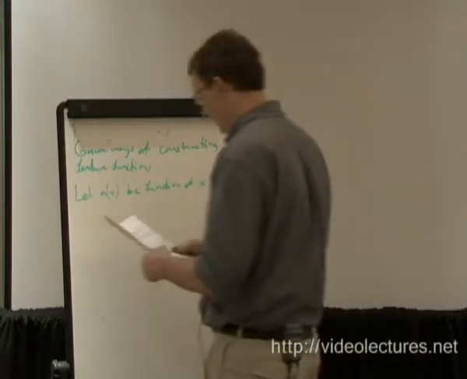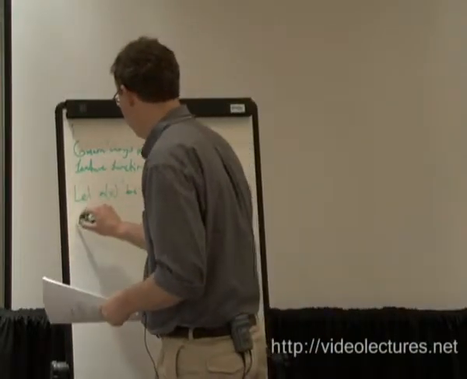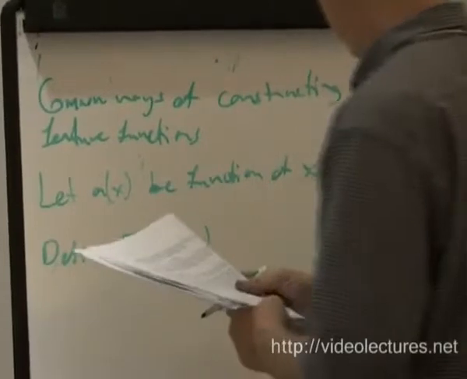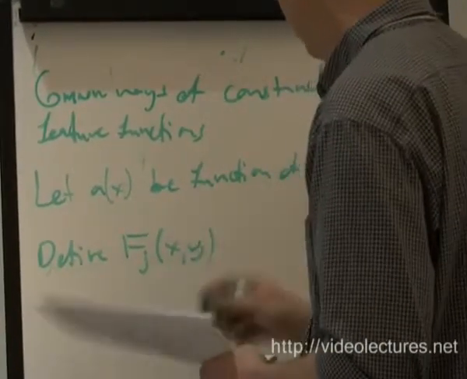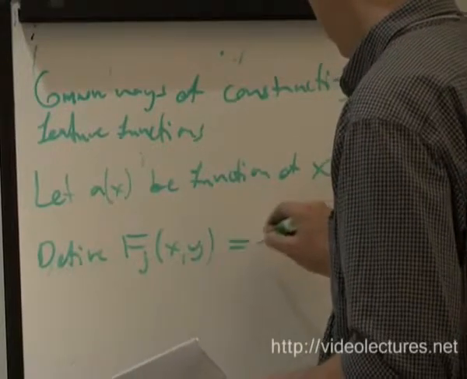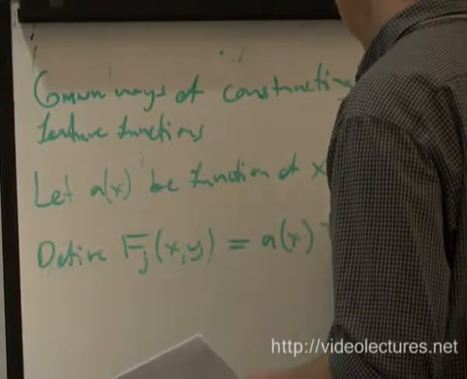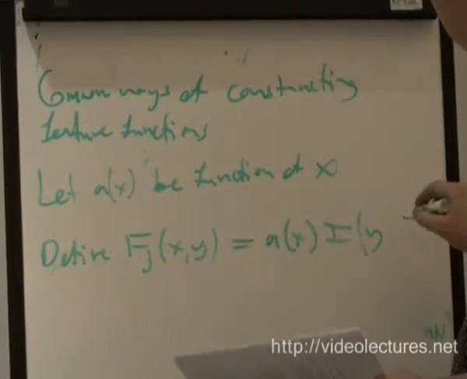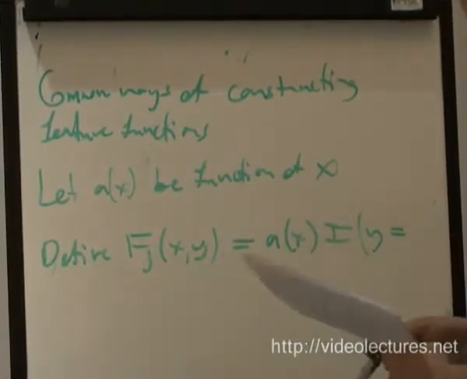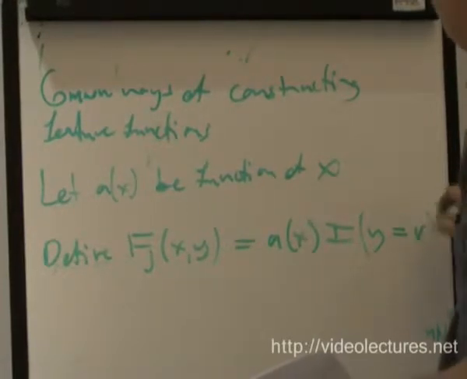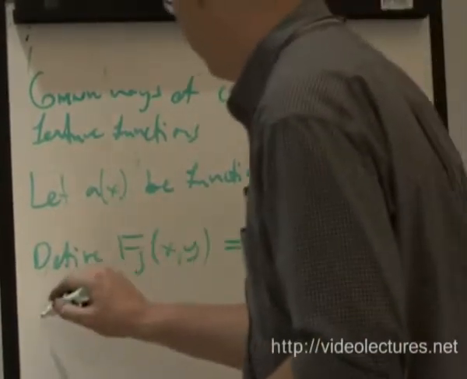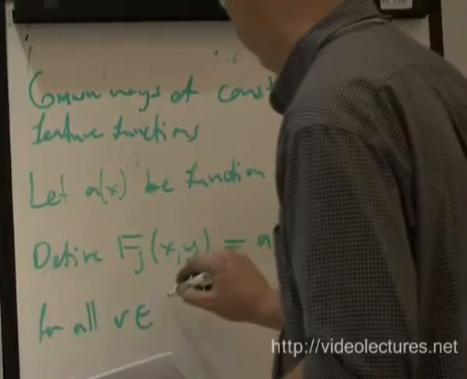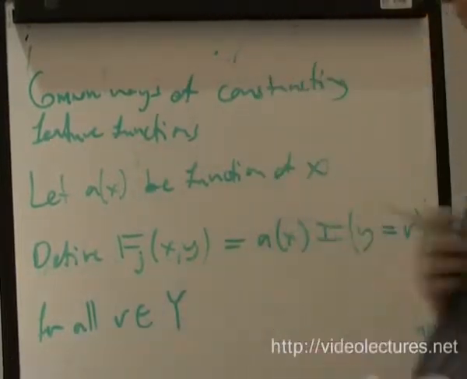And then we can define fj of x and y to be equal to a of x times the indicator of y equals v, for all v in capital Y.